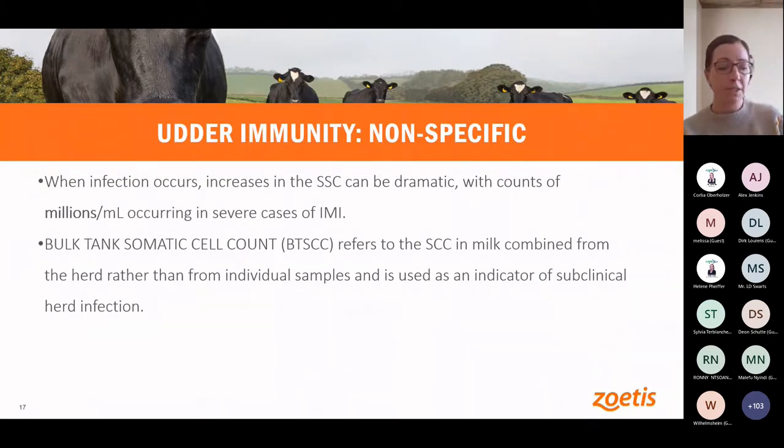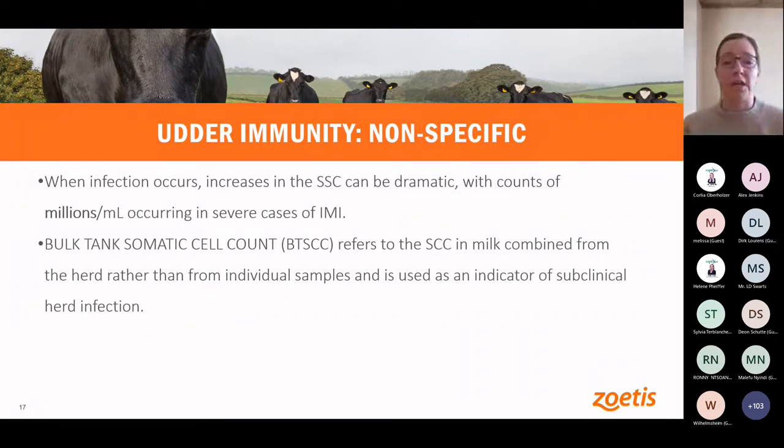All right, so you can look at an individual cow somatic cell count. That is obviously much more labor intensive and much more expensive, but if we could have individual cow somatic cell count for every animal, that would actually just make the decision-making process in terms of our dry cow therapy so much easier.